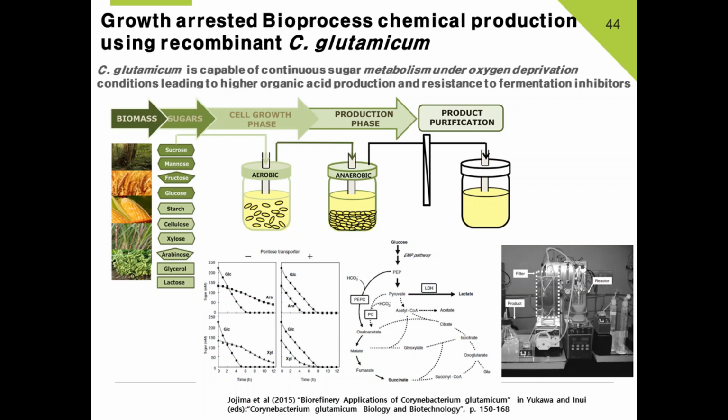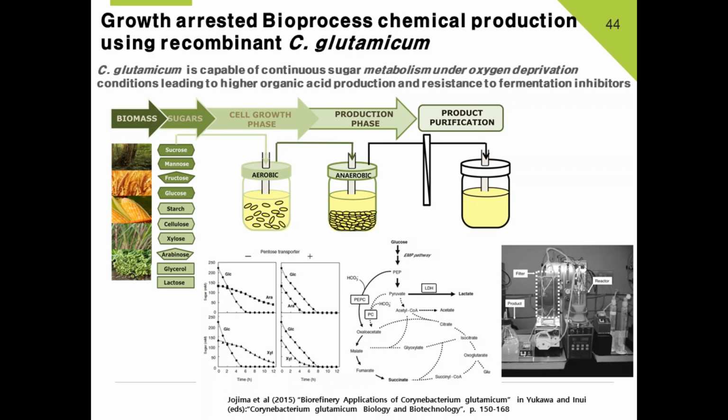Now, this is different from the whole cell biocatalyst method that I said earlier, because in this method we induce oxygen deprivation in the same fermenter, unlike in whole cell biocatalyst where you have two separate setups. In this growth-arrested bioprocess, it's still one setup.